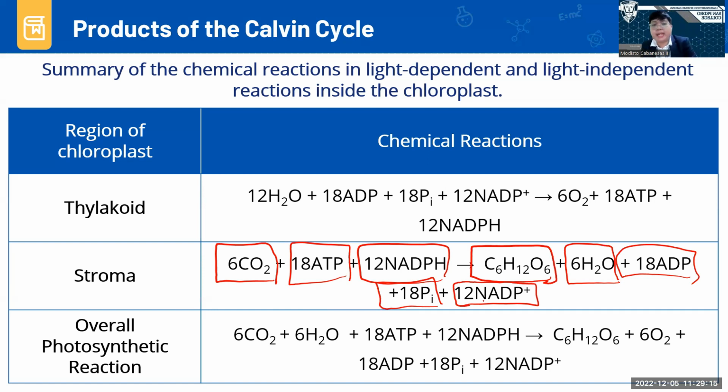Ito na yung summary. Ato nang i-add lahat from the light-dependent and light-independent. So that's the summary of our reactions for the photosynthetic process.